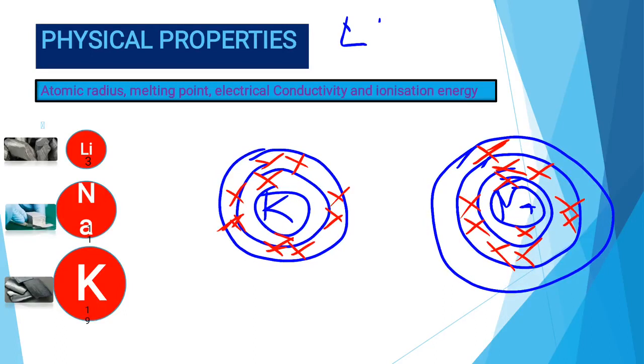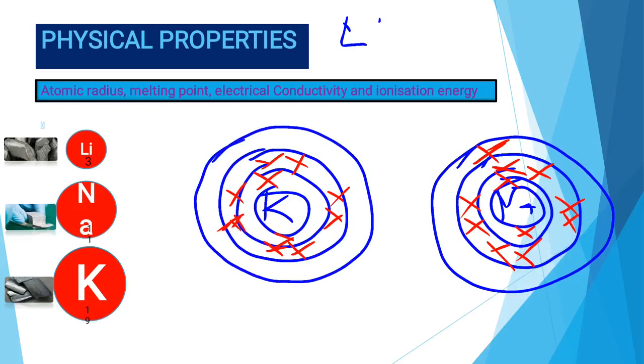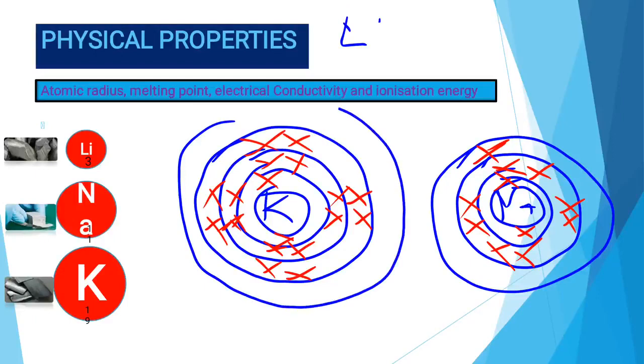Then we have the third energy level again with 8 electrons, and then finally we have the fourth energy level with only a single electron.